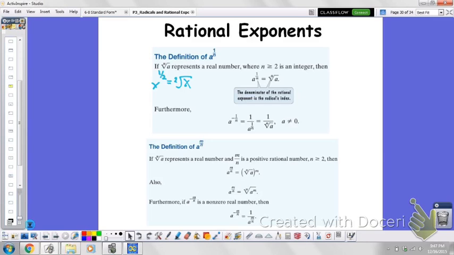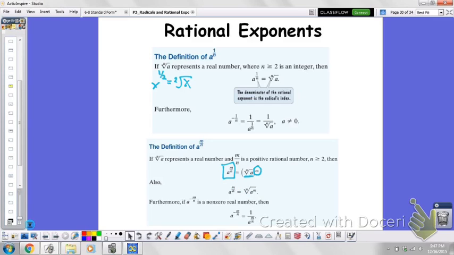So if we have a to the power of m over n, this lets us know that we still take the nth root of a. Right here we have a to the power of m over n. We take the nth root of a, but that is to the power of m.